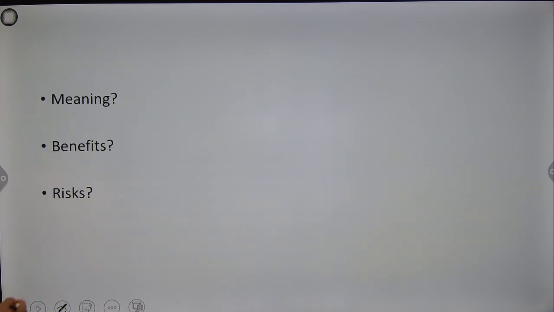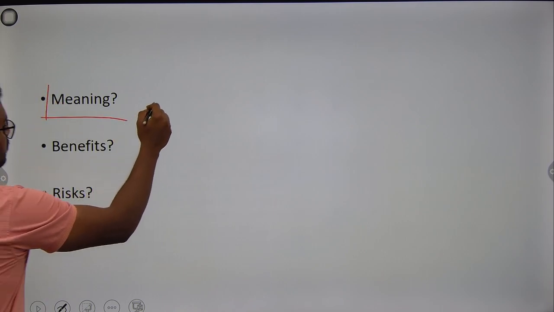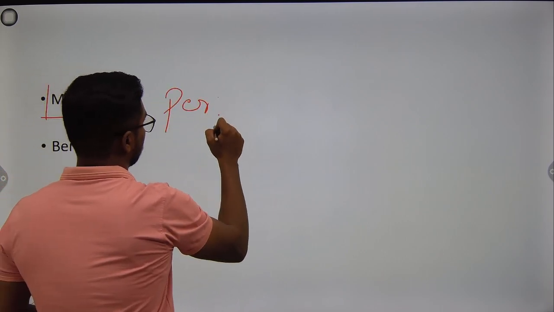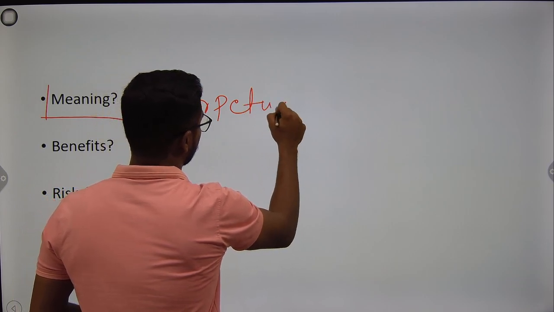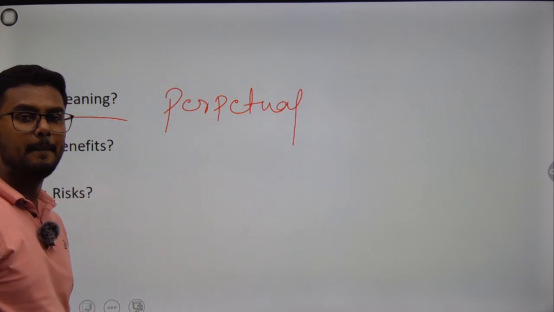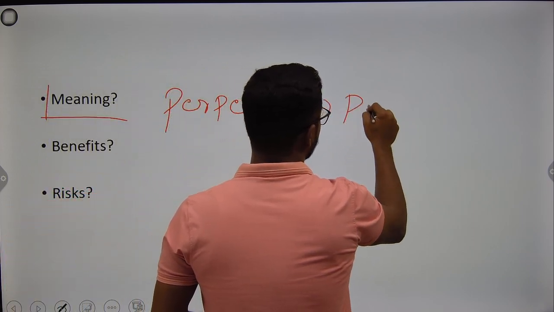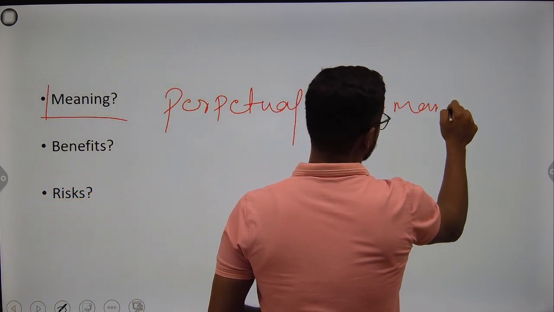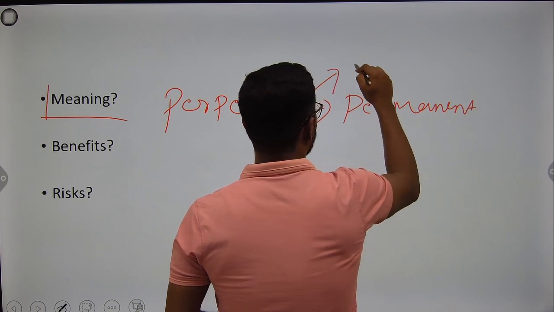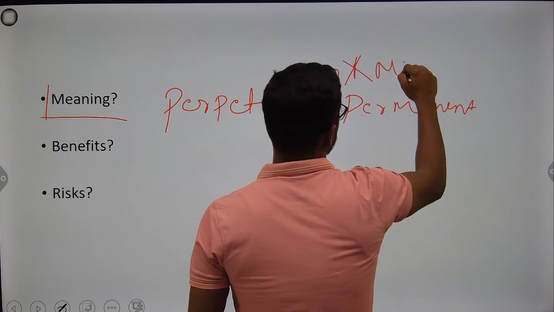Dear friends, additional tier 1 bonds are also called perpetual bonds, meaning they are kind of permanent, which means they don't have any maturity.